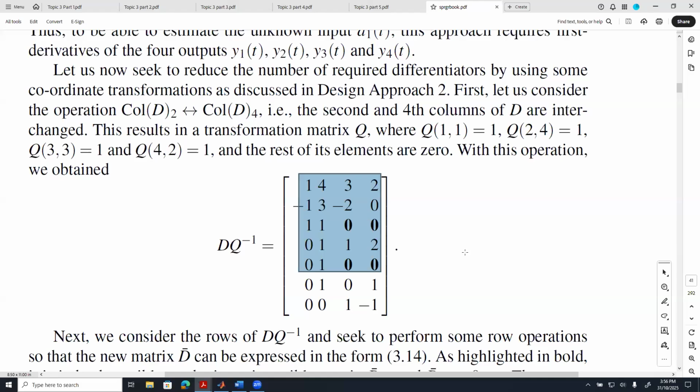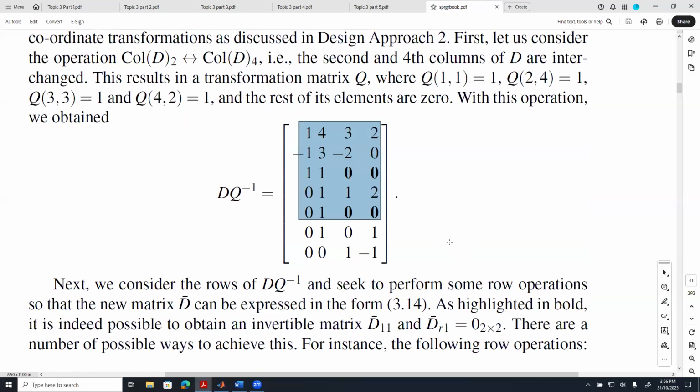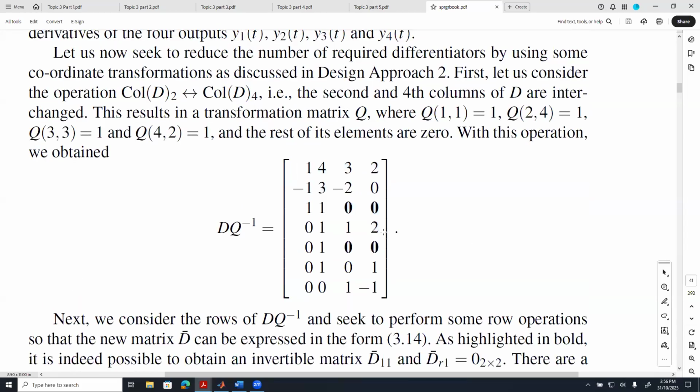So then what we do next is we're going to arrange the rows. And there are a number of ways in which we can do that. We can either make this row become number 1 and then move this row to become number 2, or the other way around. We can move this one to row number 1 and this row to number 2.